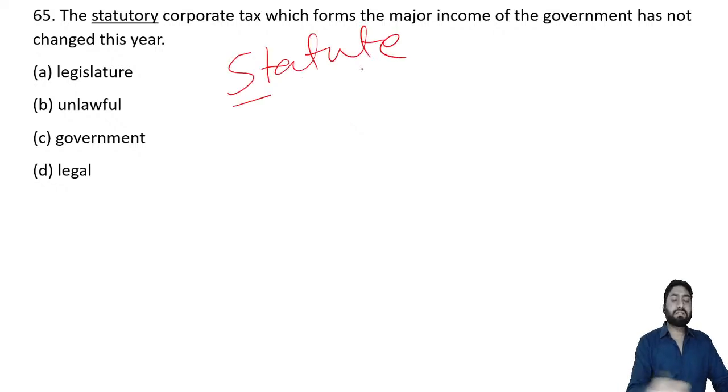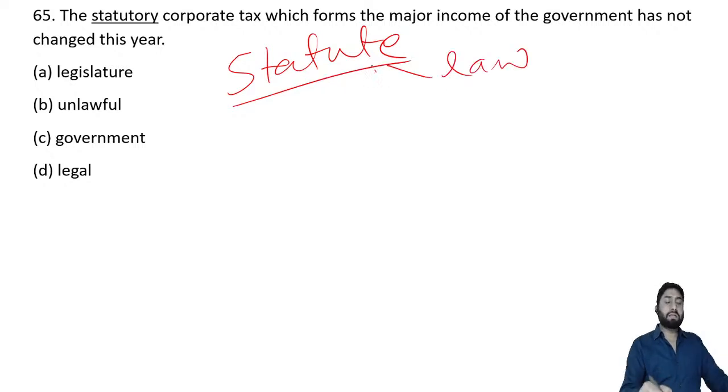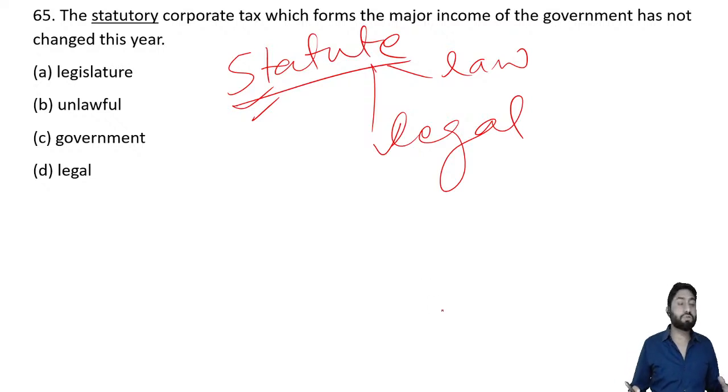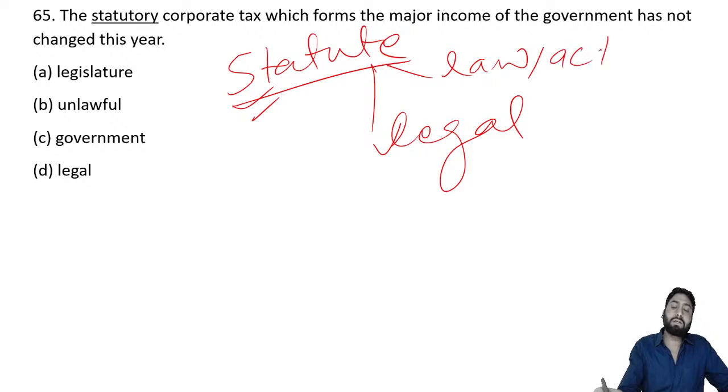Statute means some law. It means something which is legal. Statutory bodies, statutory decision which was taken by the legislature and all. So the statutory corporate tax is the legal corporate tax, which is governed by a statute, a law, an act. Law and act and all, that's what we call statute.